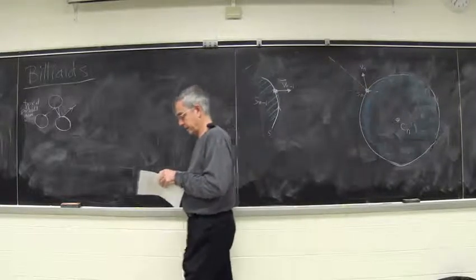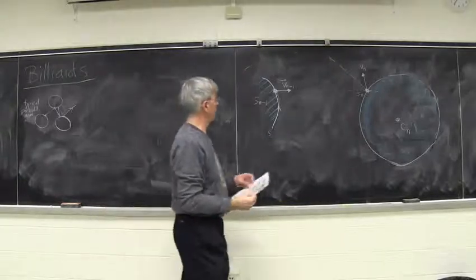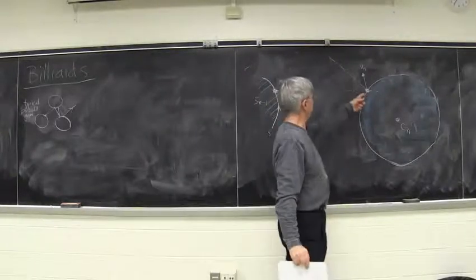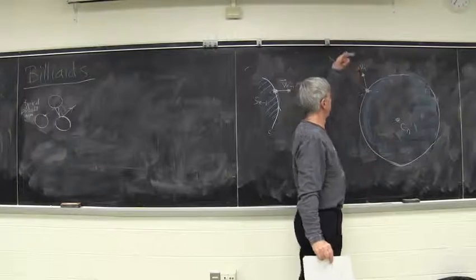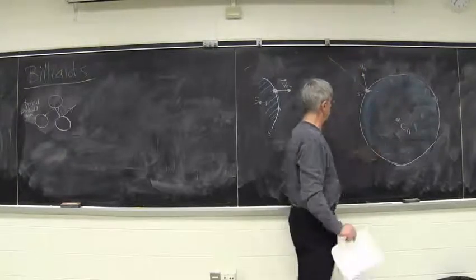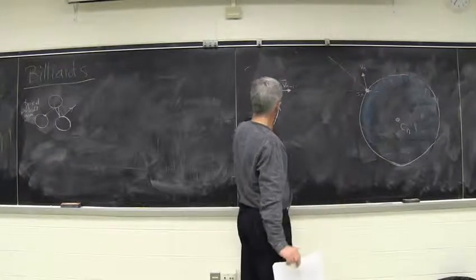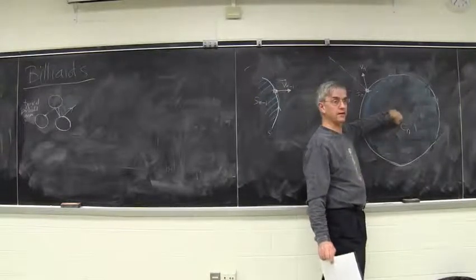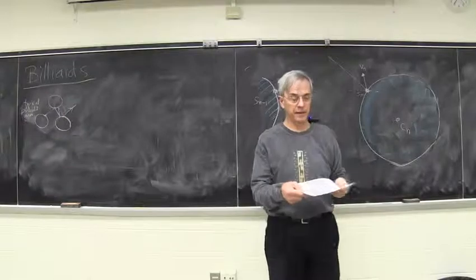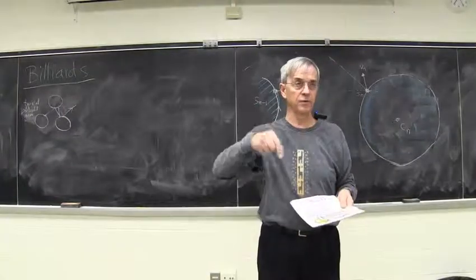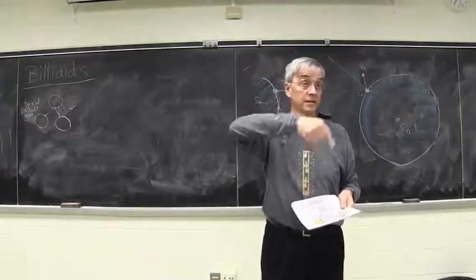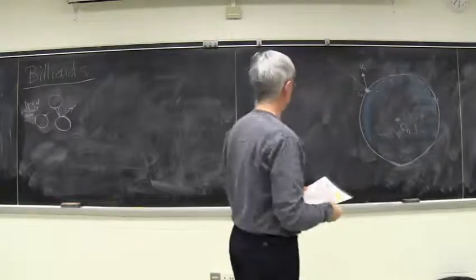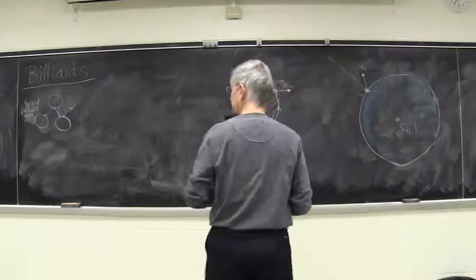So now I want to explain how you compute this position and this velocity if you're given your starting point and the center of the next disk. Usually the billiard is described by just specifying the coordinates of the disks and their radii, and that's how you specify the pinball billiard, like this one.